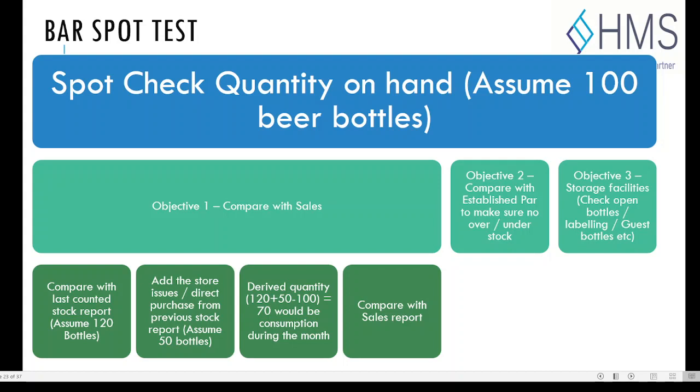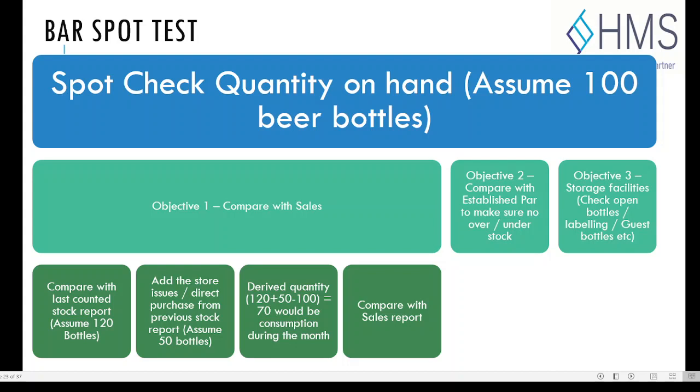The more difficult example would be the spirits, the hard liquor, which is not sold by bottle but by portion. So by shots, how many shots we are selling, how many tequila shots we are selling. That again creates more problems because it's very hard to measure.